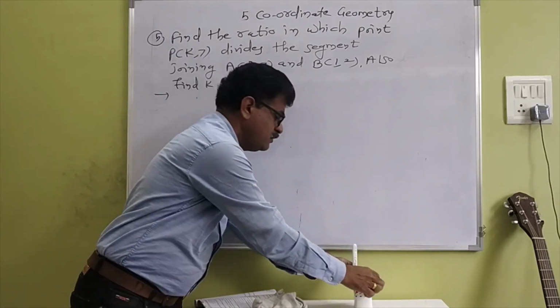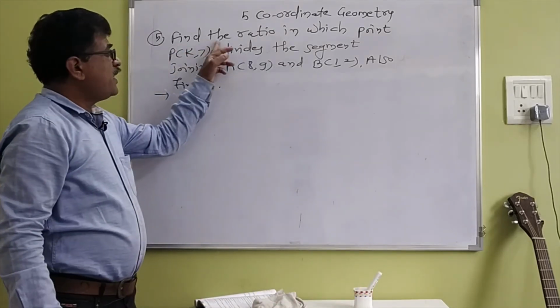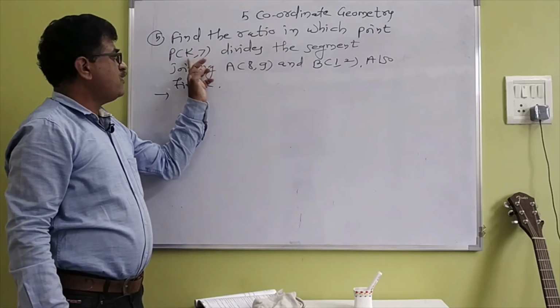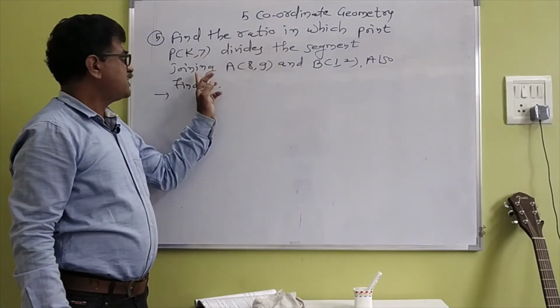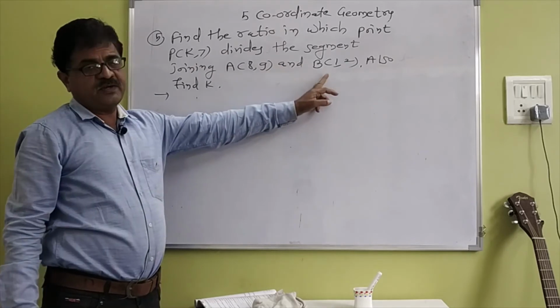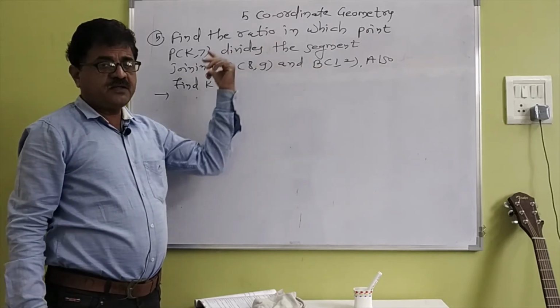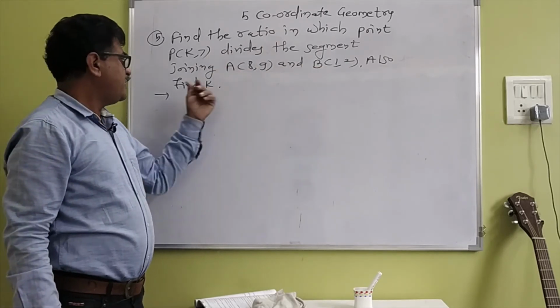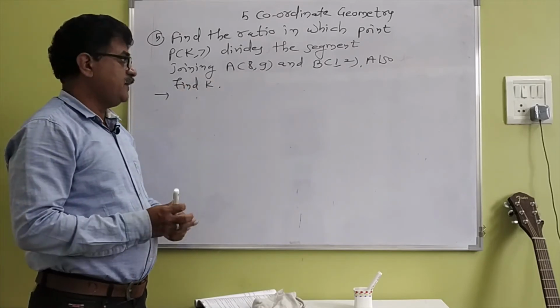Now here, find the ratio in which point P of k, 7 divides the segment joining these 2 points. First we have to find the ratio and then find the value of k.